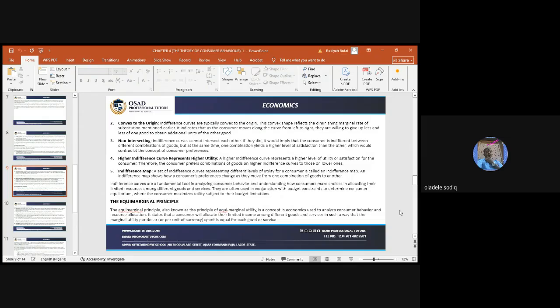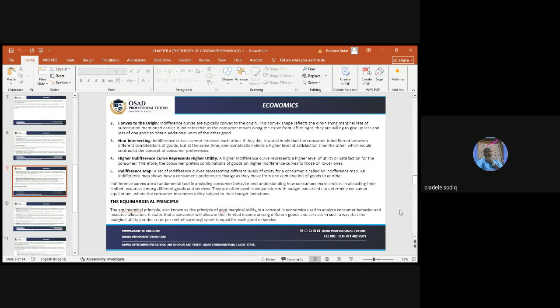So the first one I said, indifference curves slope downward from left to right. Number two, I said indifference curves are typically convex to the origin. Number three, I said indifference curves cannot intersect each other.